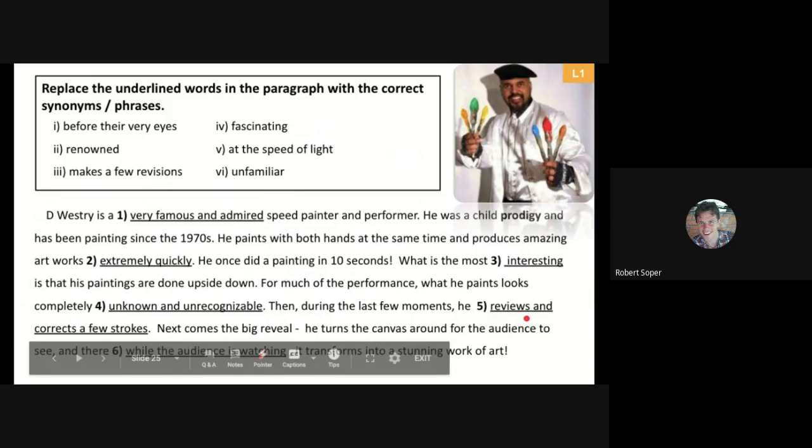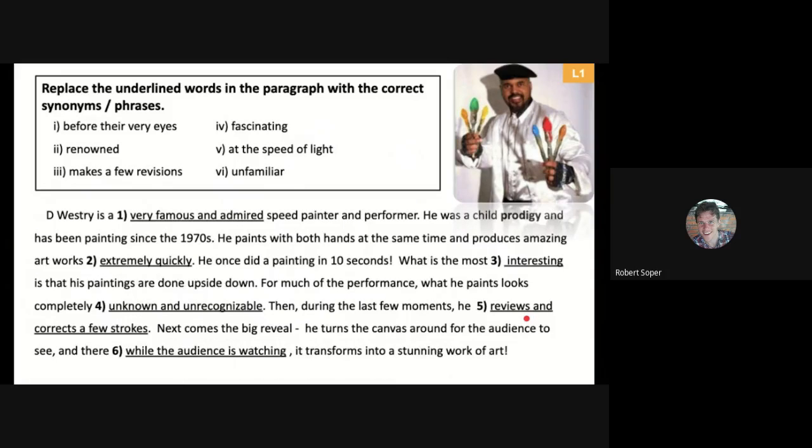Next comes the big reveal. He turns the canvas around for the audience to see. And there, before their very eyes, it transforms into a stunning work of art. So why did we choose before their very eyes? Well, here it says while the audience is watching.